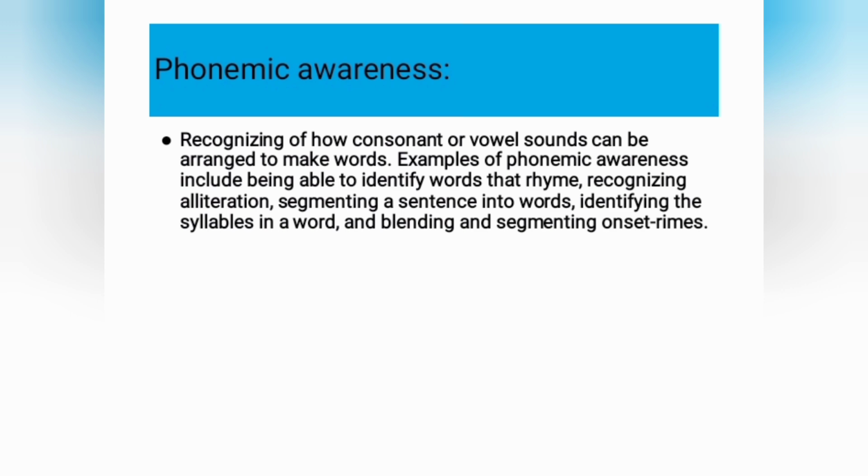Examples of phonemic awareness include being able to identify words that rhyme, recognizing alliteration, segmenting a sentence into words, identifying the syllables in a word, and blending and segmenting onset rhymes. It is awareness of phonics.